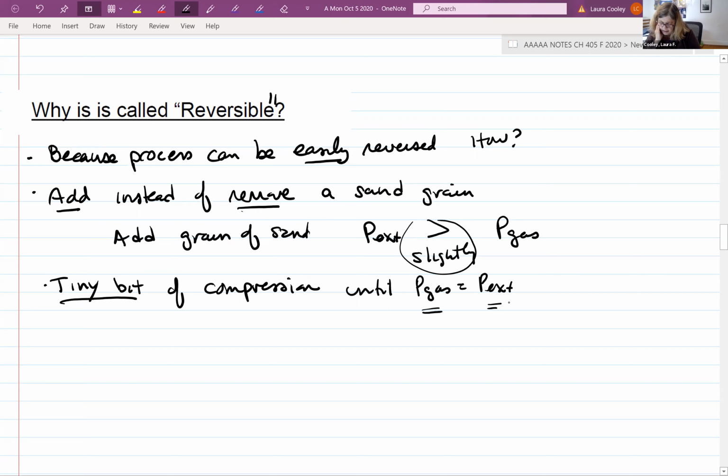That will slightly increase the gas pressure to equal the external pressure. Wait, let me think about it. Did I say that right? Yes, okay. So here's the thing, it's a reversible process.